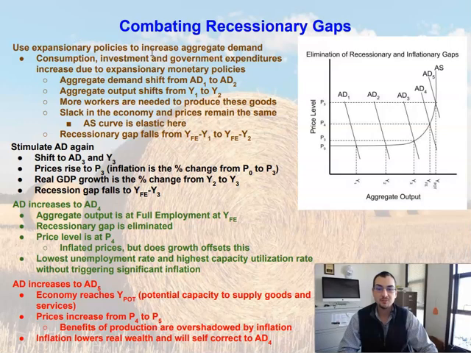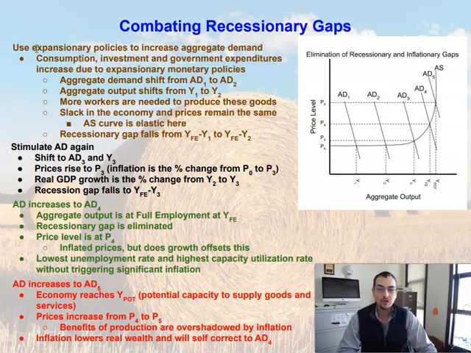We're going to use expansionary policies to increase that demand. We're in a recessionary gap anywhere like at 81, 82, and 83, where the equilibrium, that intersection between the aggregate demand and the aggregate supply curve, is below the equilibrium of full employment.